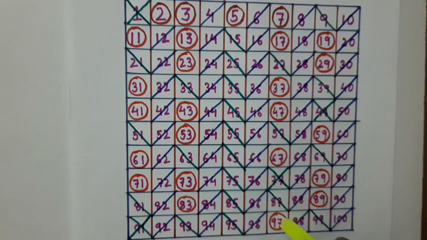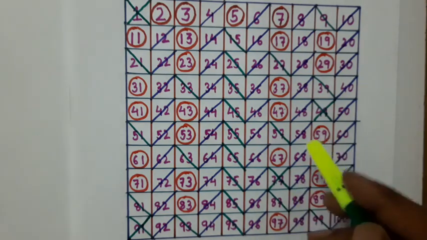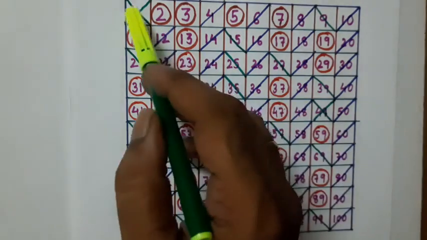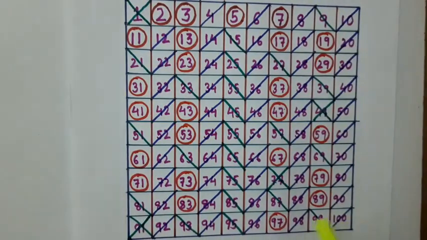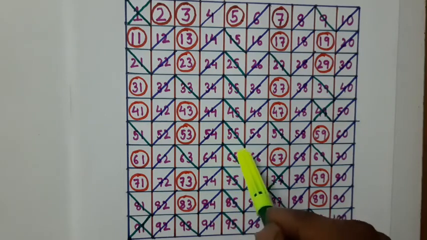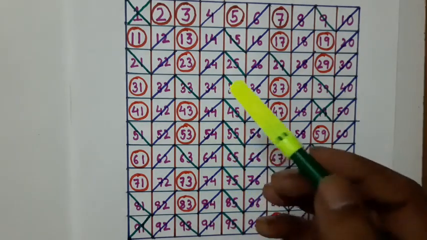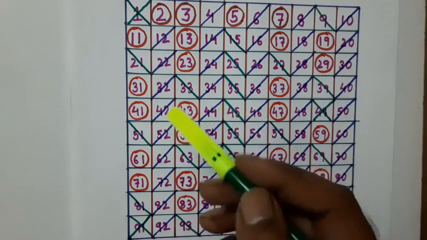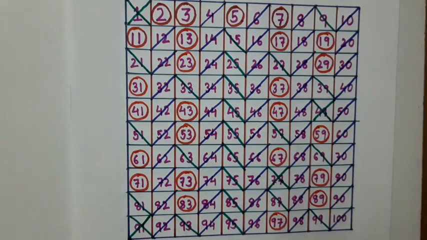These are the prime numbers we have filtered from the set of numbers 1 to 100. That's why it is called the sieve of Eratosthenes. Sieve means we are just filtering out, sieving. So these are the prime numbers less than 100.